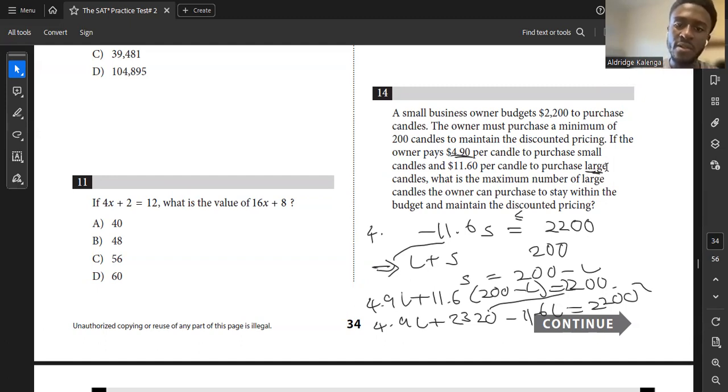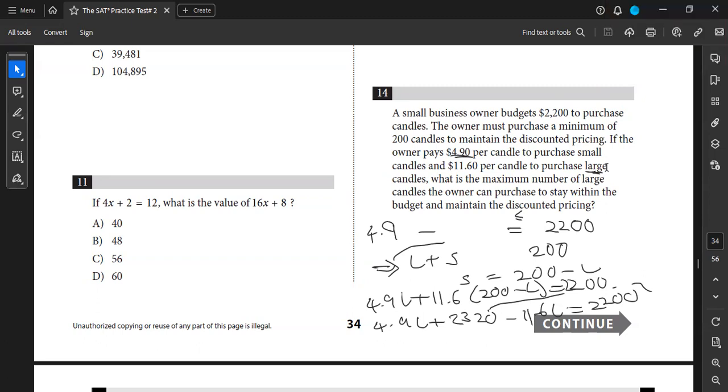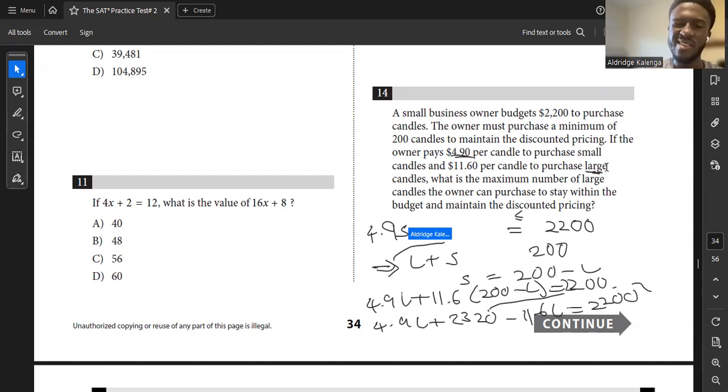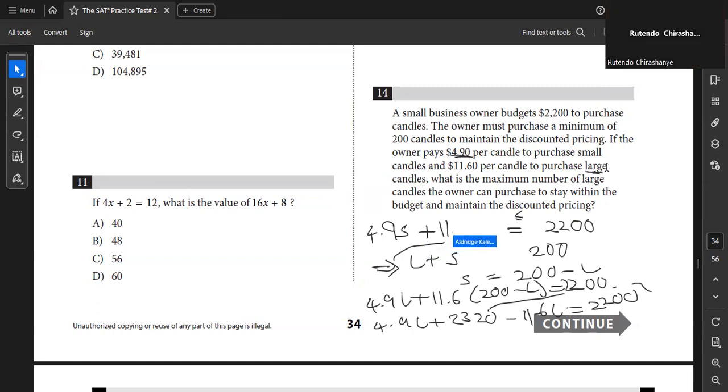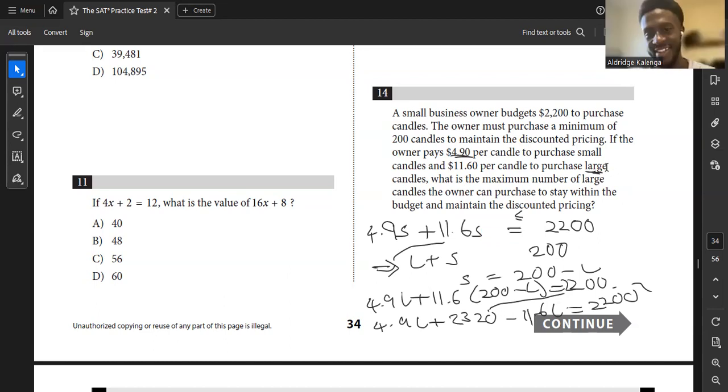Where's my pencil? Okay, do you see that? Do you see the mistake I made here? Yeah. 4.9 is for the small candles, and 11.6 is for the large candles. Oh, my goodness. All right.